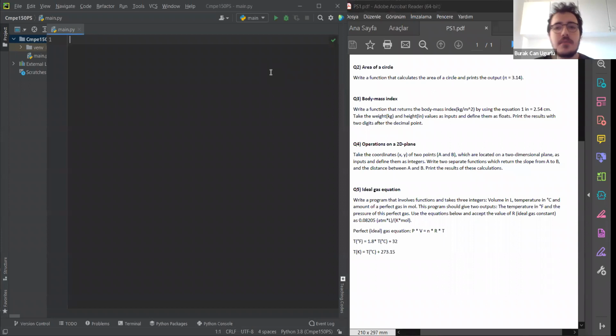This question wants us to write a function which calculates the area of a circle and prints its output. And pi is given as 3.14. So we should first of all define a function, and let us write the function named area of circle.